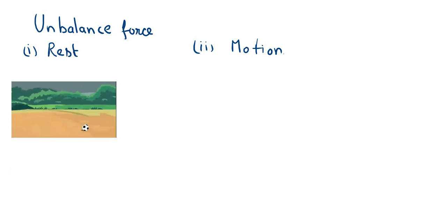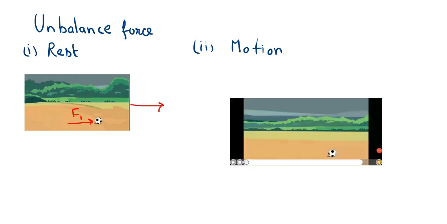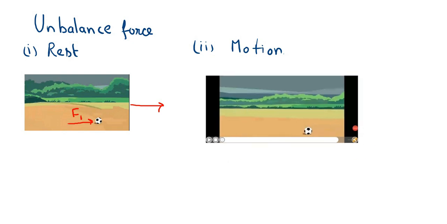Initially, the ball is at rest. Correct? Now, if an unbalanced force is applied, let us suppose only one force is applied in the leftward direction, as it is not balanced by any other force. As a result, it can change the state of the object after applying the F1 force. What will happen? Can you guess? Simply, the ball will start moving.